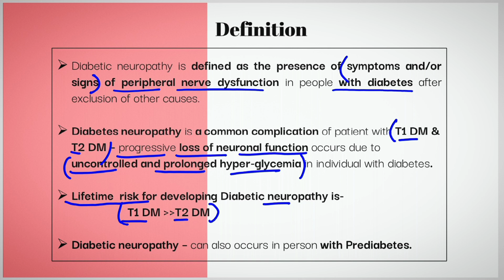Diabetic neuropathy can also be seen in persons who are not confirmed cases of type 1 or type 2 diabetes, but are labeled as pre-diabetes, meaning the blood sugar level is higher than normal but we can't surely label them as diabetes.